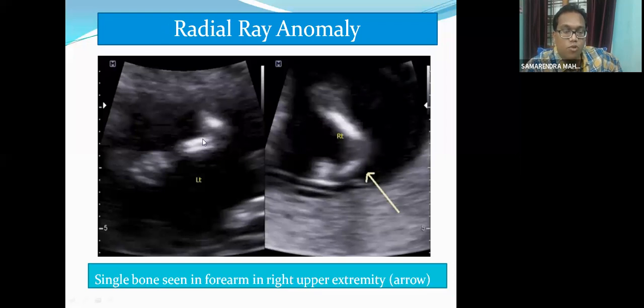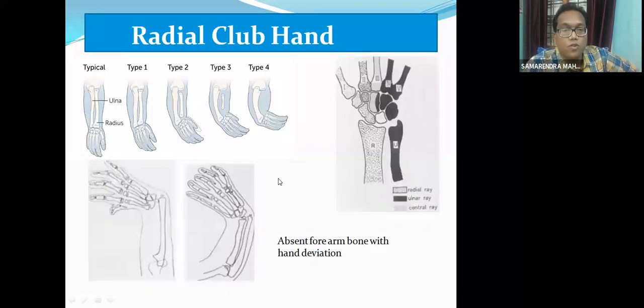In the left image, both the bones are present in the middle segment of the upper limb, but on the right side only the ulna is seen. It is due to radial aplasia. Okay, so this is the graphical representation of radial club hand. In the left upper one, both the radius and ulna are present.